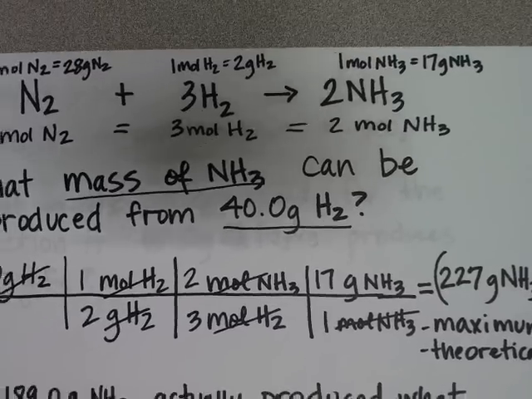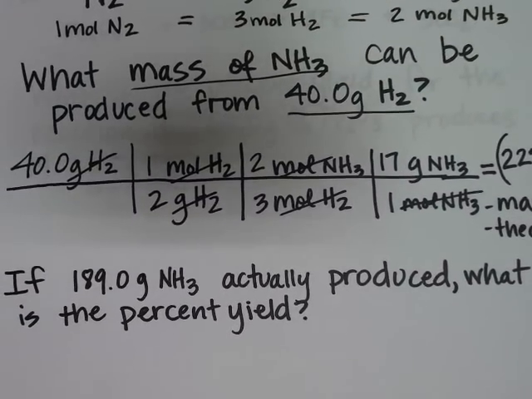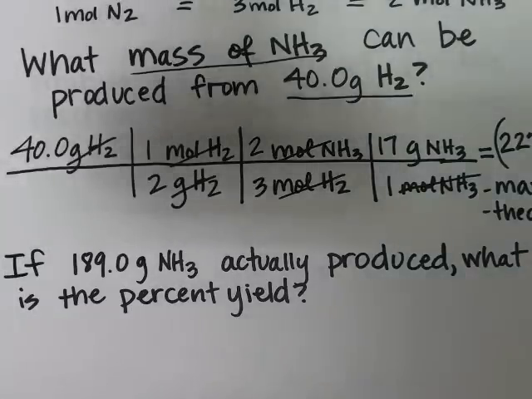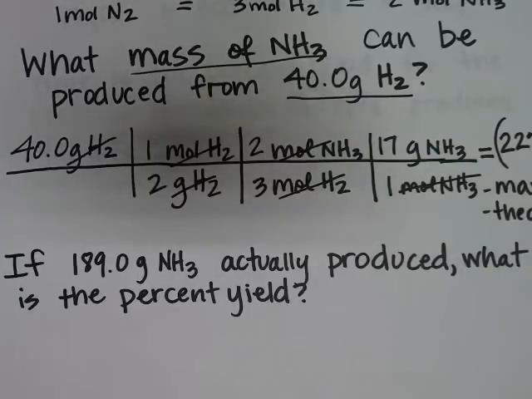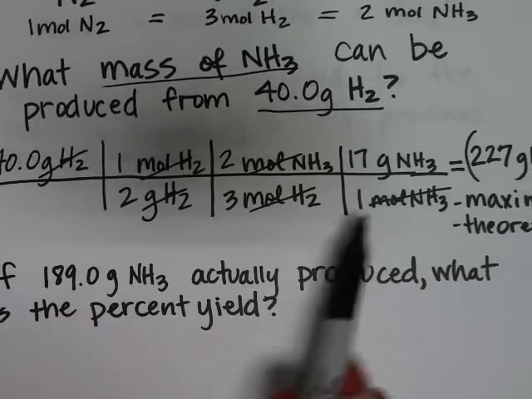The problem might then go on to read something like this. All right, so what if only 189 grams of ammonia is actually produced? What is the percent yield? All right, so this is a way we like to express what goes on during a chemical reaction. Sometimes we don't get as much as we expected.